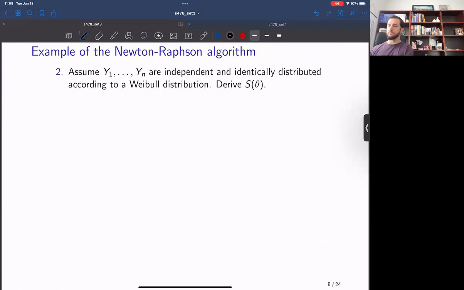Okay, so we have worked out the log likelihood function for an exponential family member in lecture set number 2. We were able to show basically that the log likelihood function for an exponential family member is, well, I'll just write it down here.